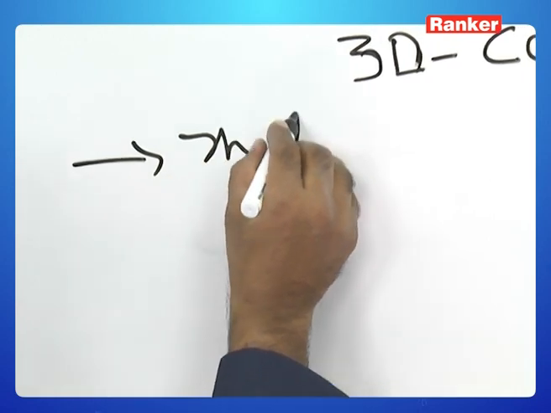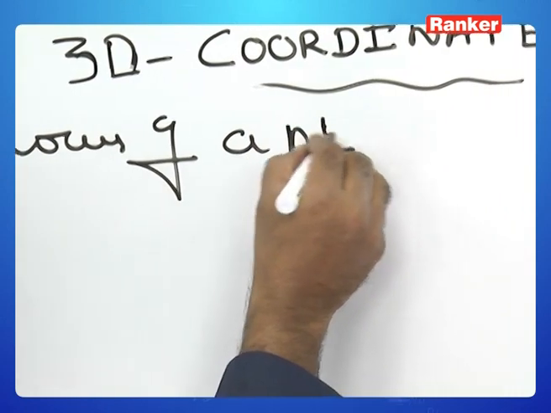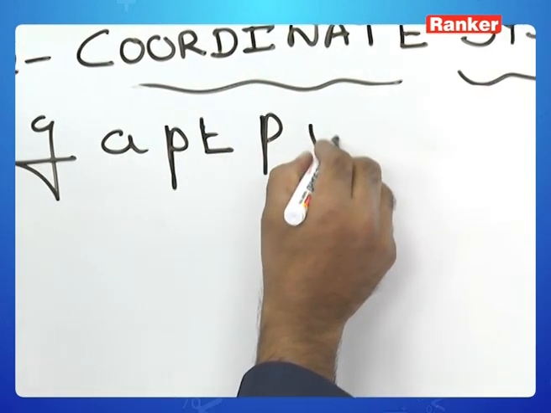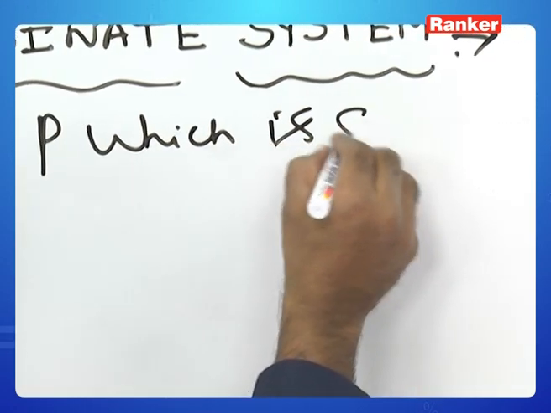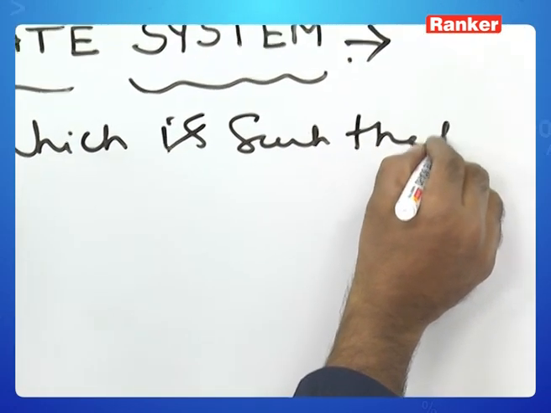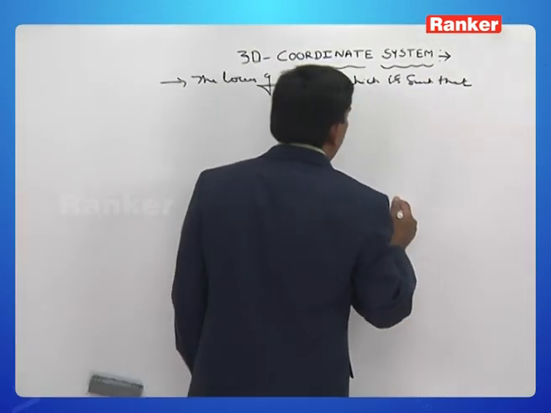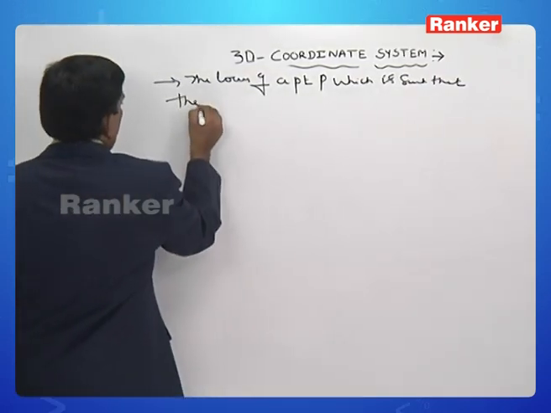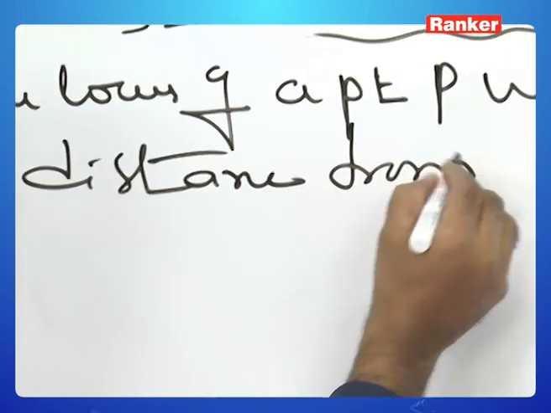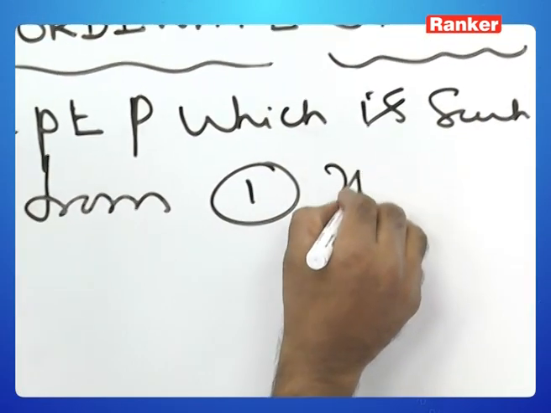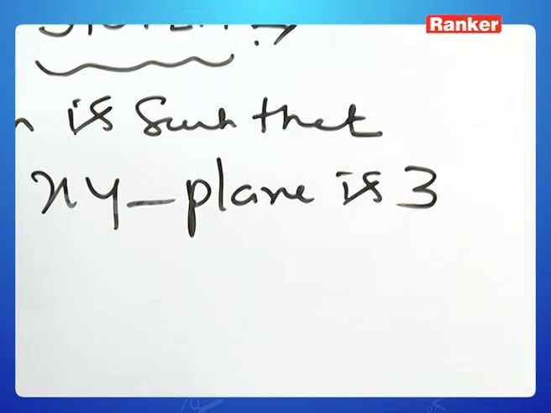The locus of a point P which is such that the distance from the xy plane is 3 units.